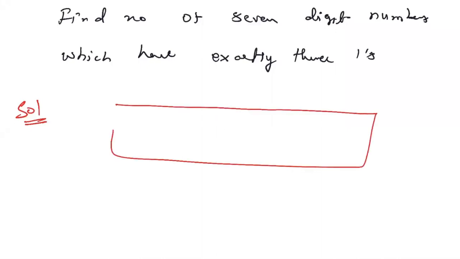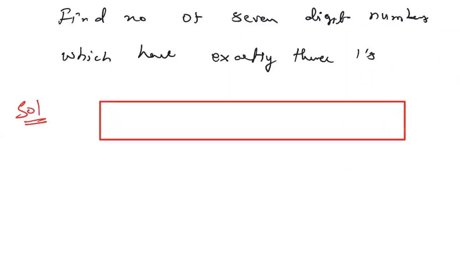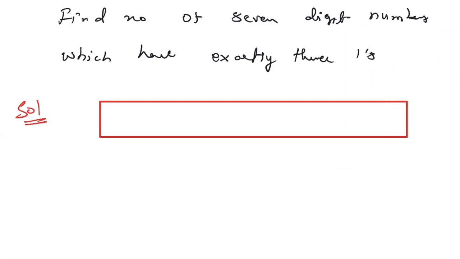So make the blocks of seven: one, two, three, four, five, six, seven. 7-digit numbers, right? And three ones are required. Obviously, we know that the first place will not contain zero.